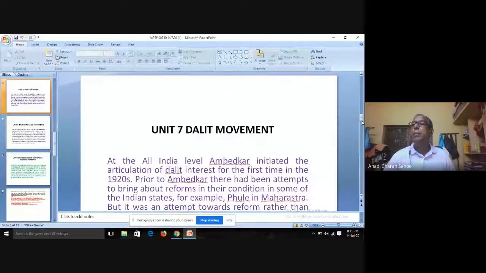This term was popularized by the Dalit Panthers in Maharashtra. Particularly, Dalits are referred to the scheduled caste population in India.